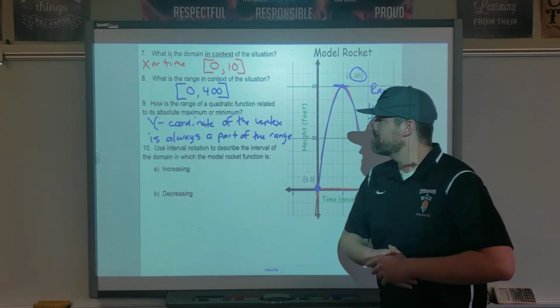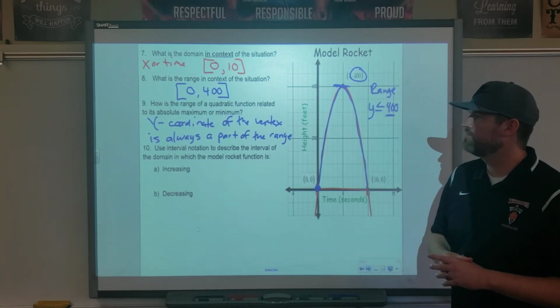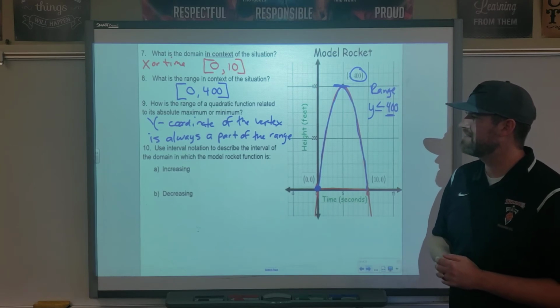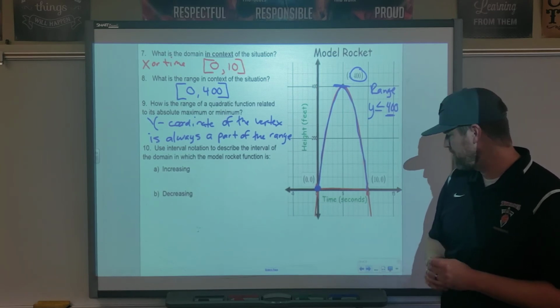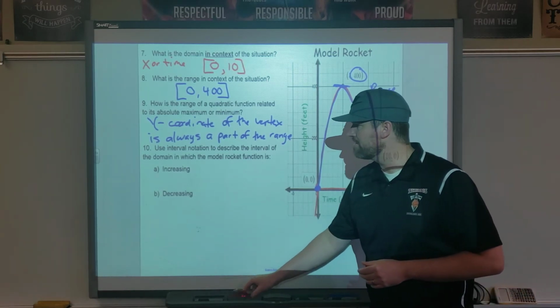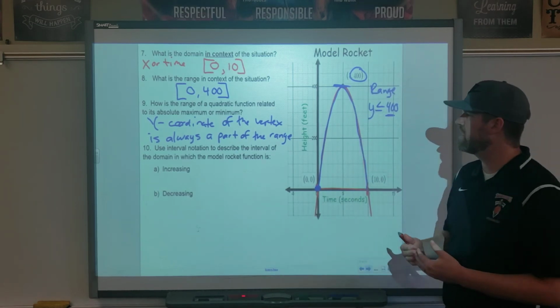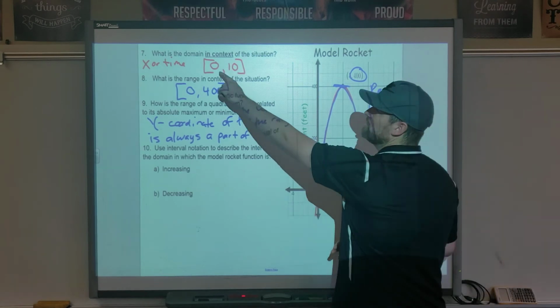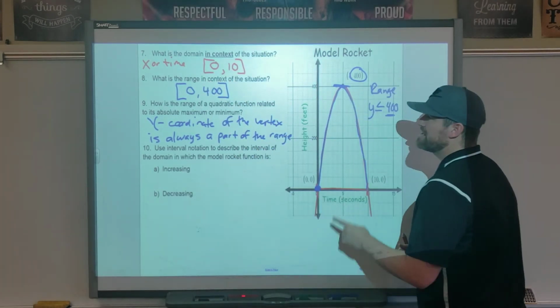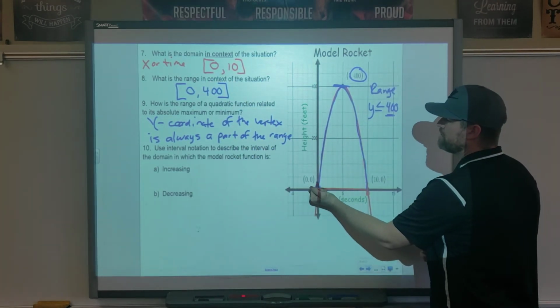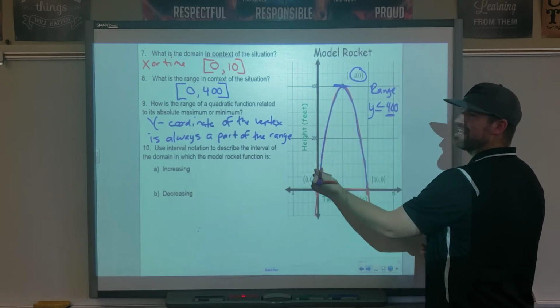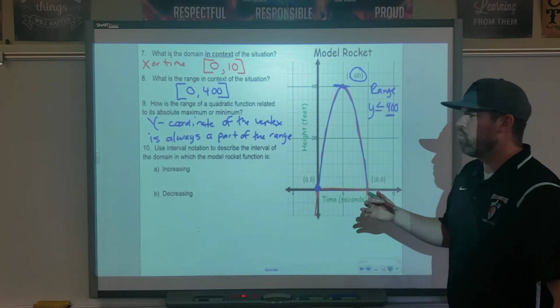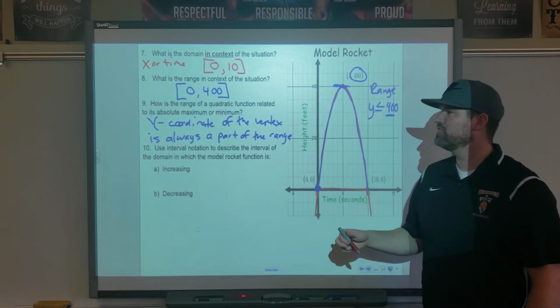All right, use interval notation to describe the interval for which the rocket is increasing and decreasing. So again, the interval of increase is where it's going up. And we're going to look in context because, again, we said we're not going to look at negative time. So at a time of 0, the rocket is going up, it is increasing. At what time does it no longer increase?